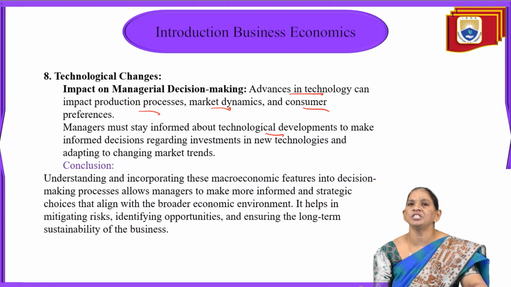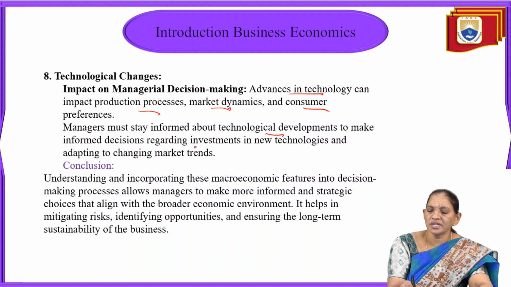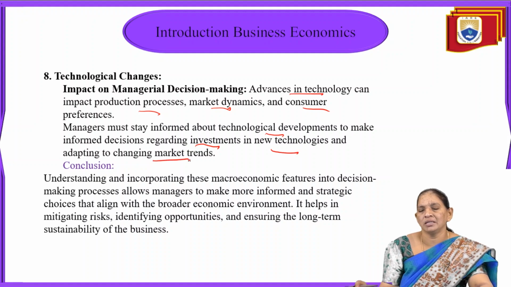Once the technology has changed regarding any aspects of production, it should be communicated to each and every manager or worker, such that it will affect investment, and the new technology will also be adopted with changing marketing trends.